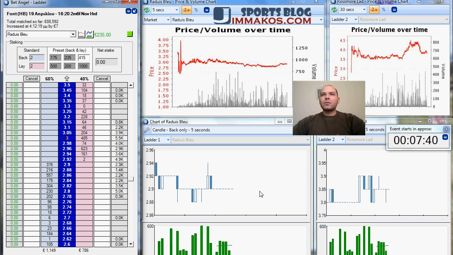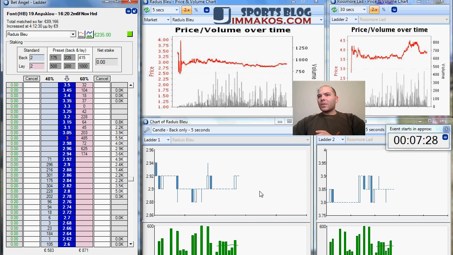That's why I'm waiting for more money to be matched. Meanwhile, the second horse's odds are currently consolidating around 3.85, and I'm just waiting for something to happen, which will happen, of course, when liquidity picks up.